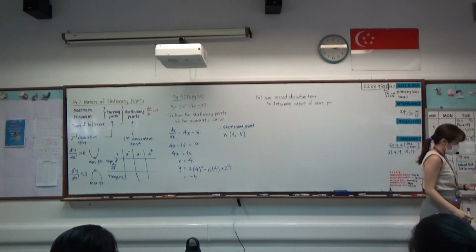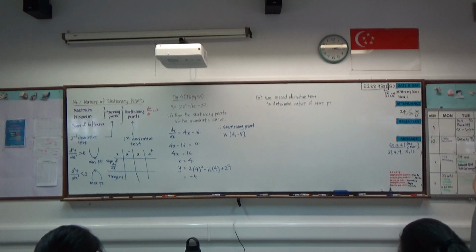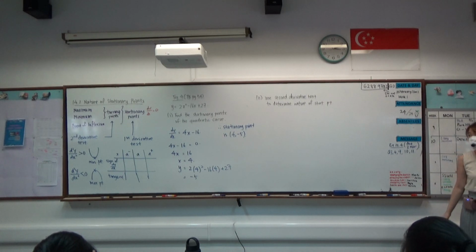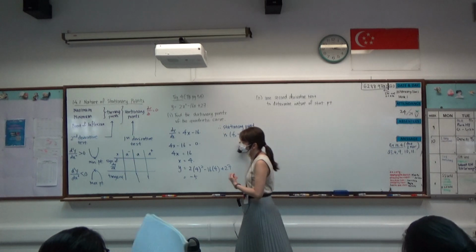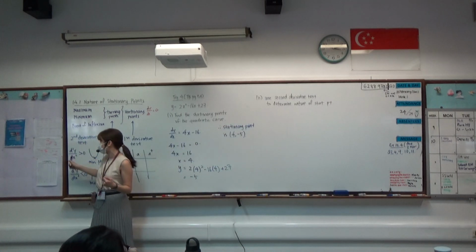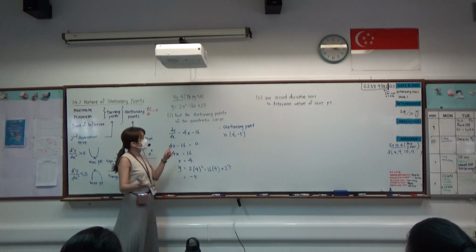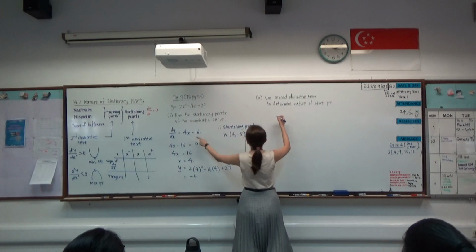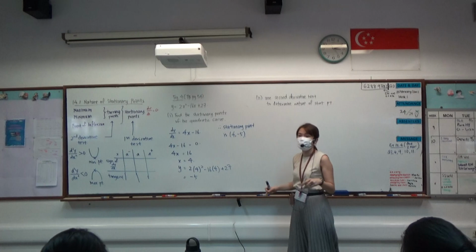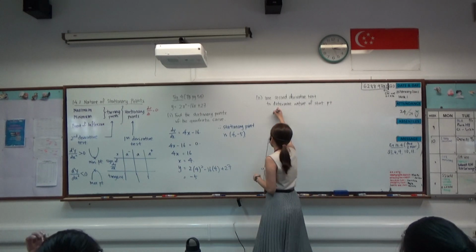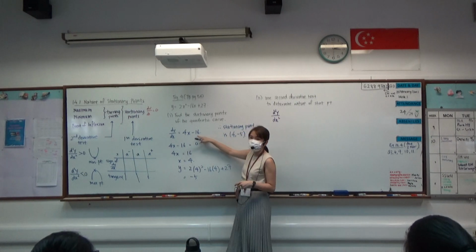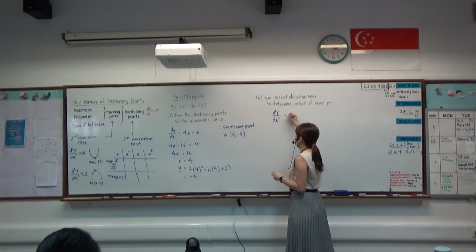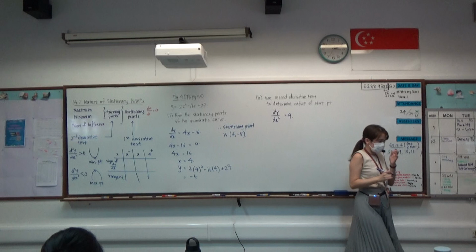Okay. Then in part 2, we want to use the second derivative test to determine the nature of the stationary point. So we're looking at (4, negative 5). In the second derivative test, we got to find the second derivative. So in this case, since we know that dy/dx is already 4x minus 16, differentiating this again for d2y/dx squared, I will be getting a value of 4. Okay?